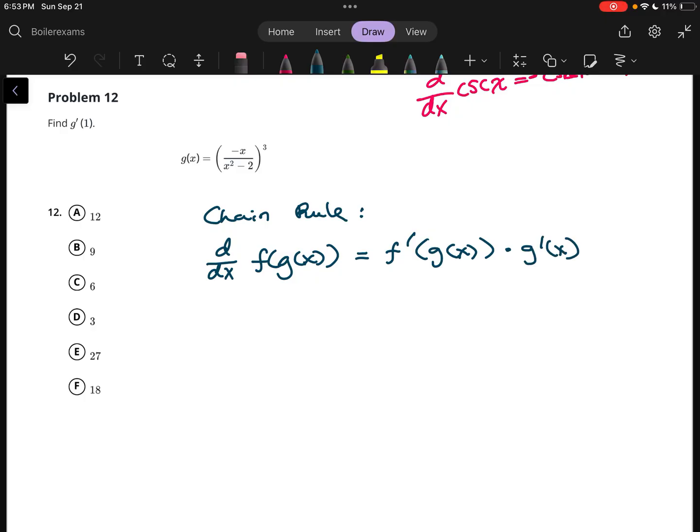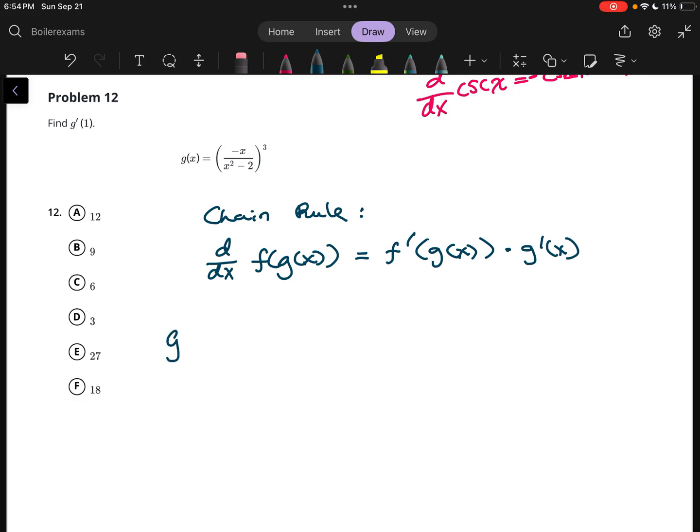Basically, it's kind of like we're unwrapping a present, except the present is our functions. So we take the derivative of the outside stuff, and then we multiply by the derivative of the inside stuff.